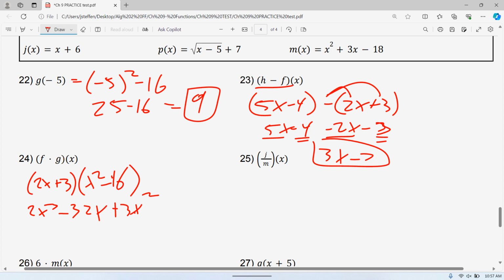And 3 times -16 is -48, I believe. Now you could leave it like that. I usually go in order from my highest exponent to my lowest exponent, so most of the time I will rewrite my answer. Oh, I didn't know I got 16 up there, not 2. So that is 2x cubed plus 3x squared minus 32x minus 48.